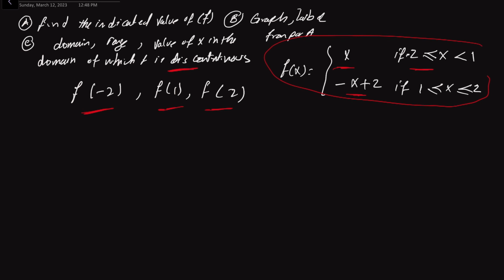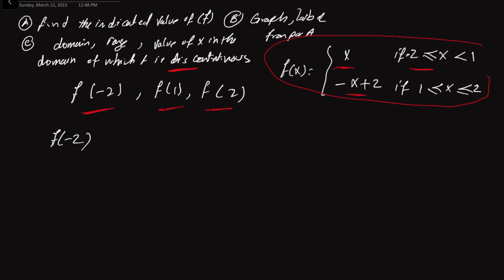So we're going to start by finding the value of the function at the points he mentioned. First, f of negative 2. Where is the negative 2?